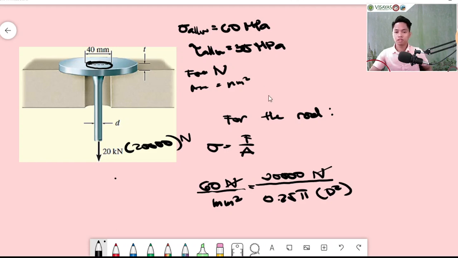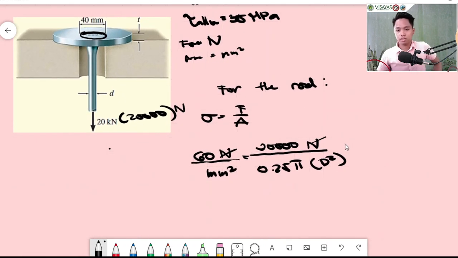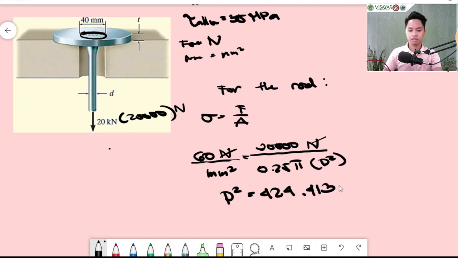Okay. So, let's just manipulate the equation. This d squared now would be equal to pila? That would be 20,000 divided by 0.25 pi times 60. This would be equal to 424.4132 mm squared.